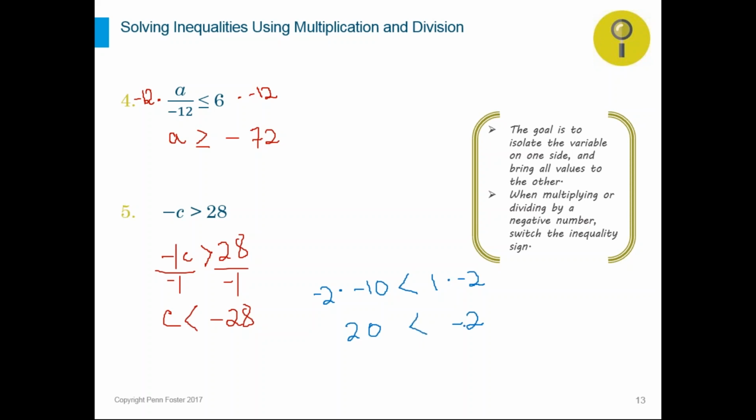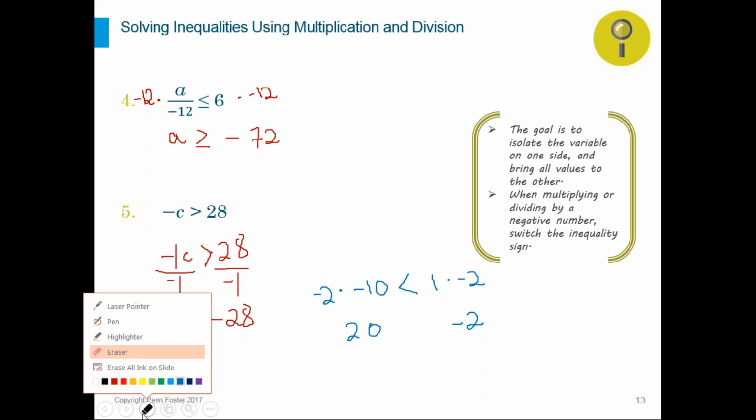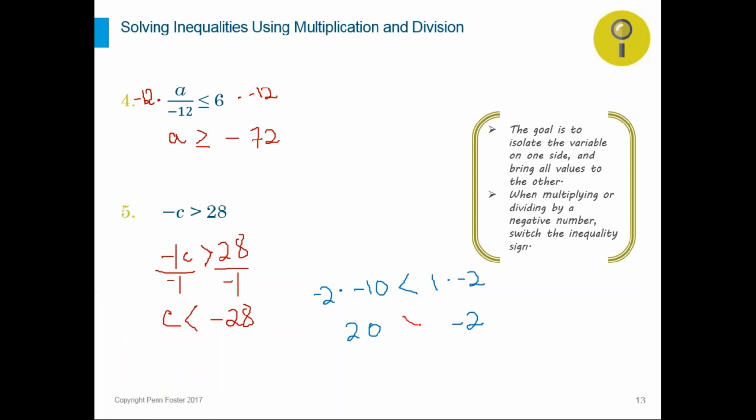This is not a true statement. I need to switch the sign to a greater than sign because the signs have changed for both numbers when I multiply times the negative 2. So the right sign to use is the greater than. We flipped the sign. This is why we use that rule whenever we divide or multiply times a negative integer.